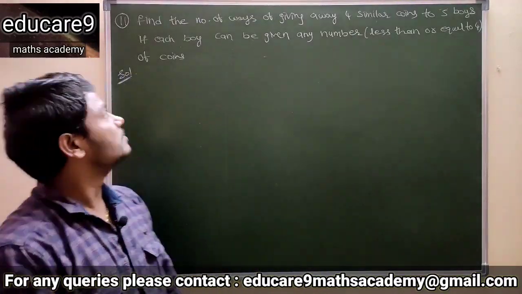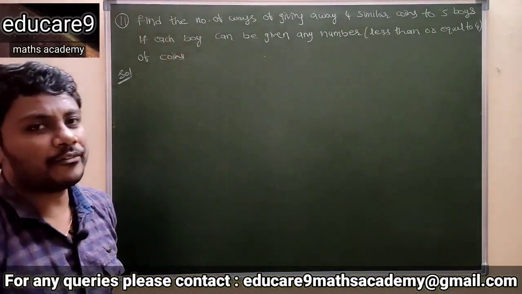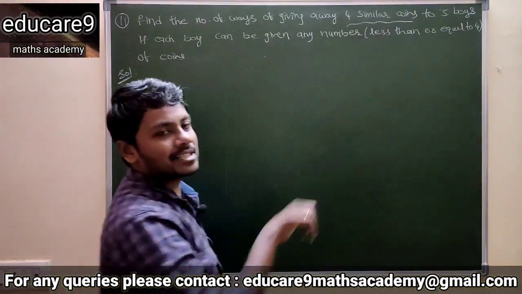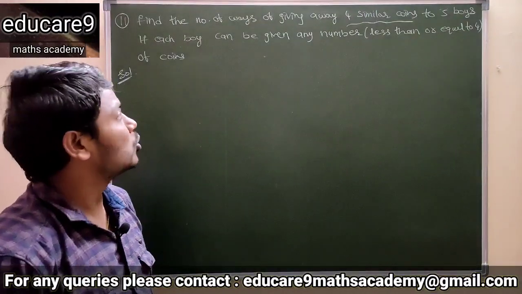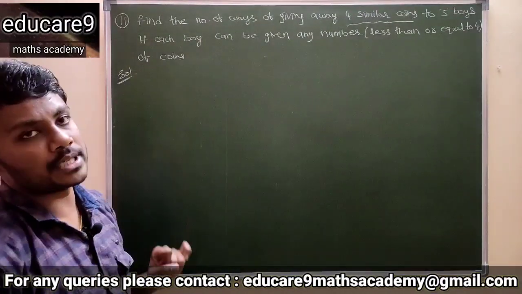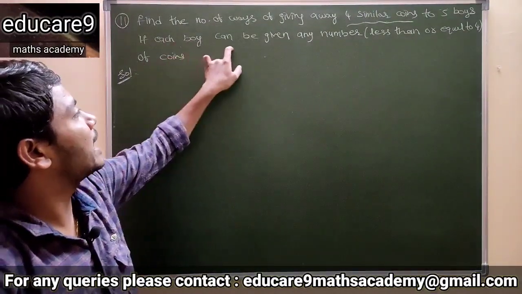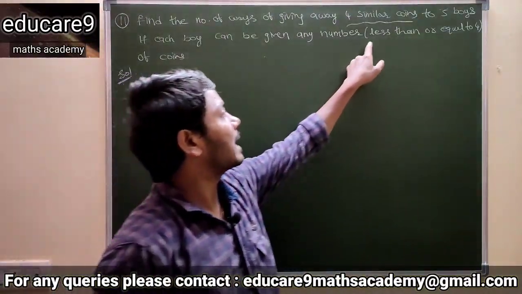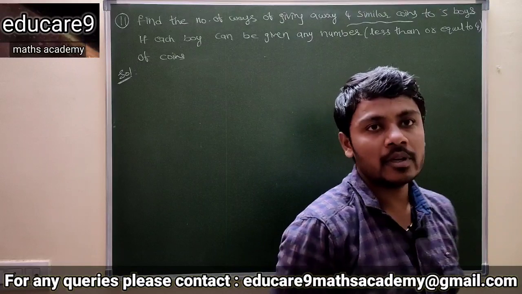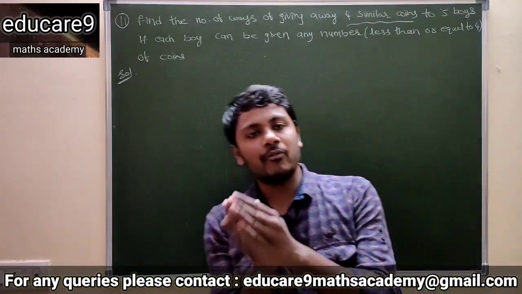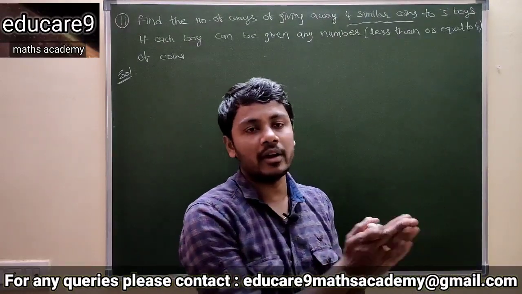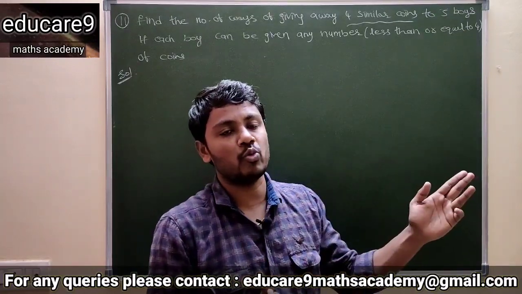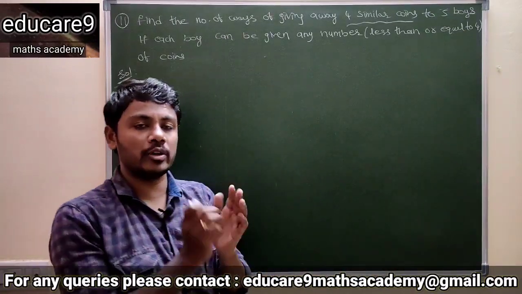So see the next one. Find the number of ways of giving away 4 similar canes to 5 boys, if each boy can be given any number of canes less than or equal to 4. So to give all 4 canes to 1 boy, or to give 1 cane to 1 boy, 3 canes to another boy, and so on.